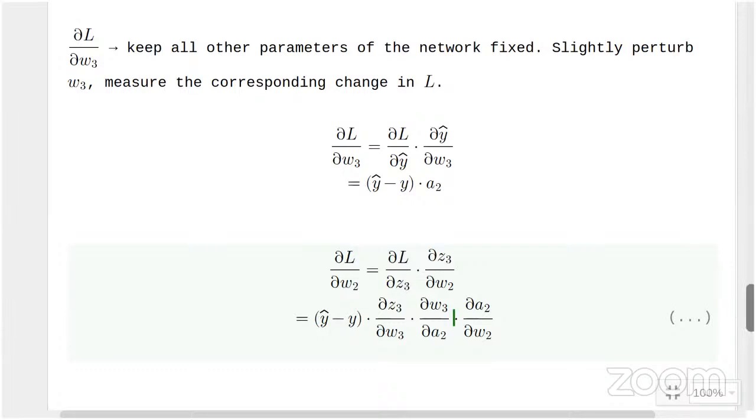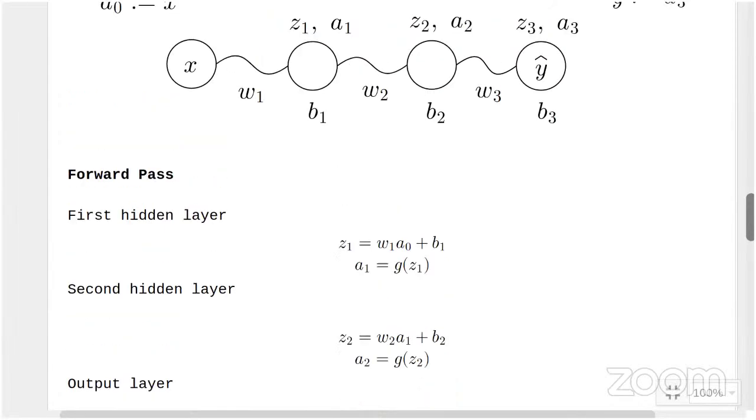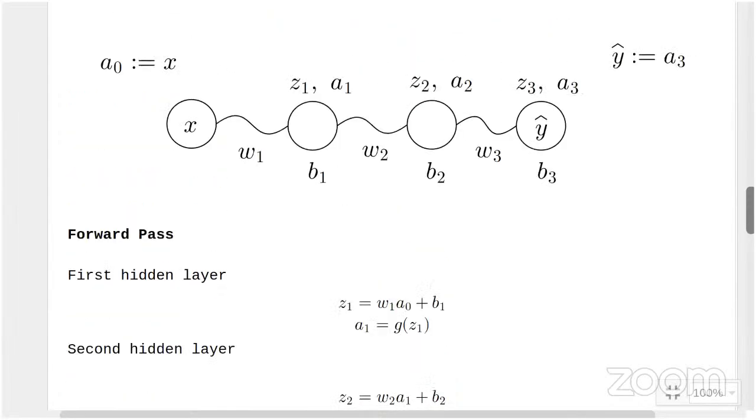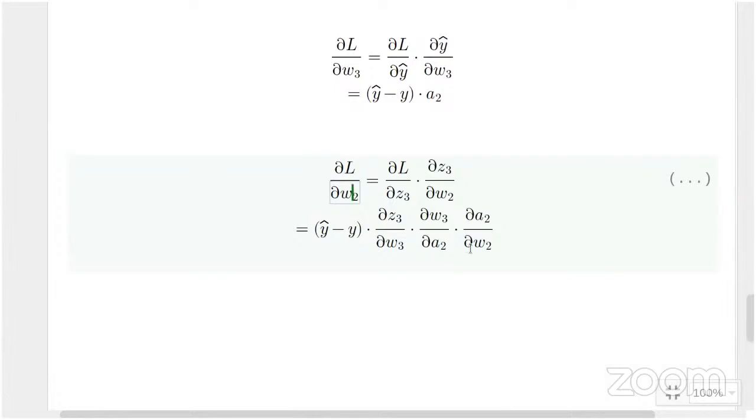We've not done A2 and Z2; we have directly gone to W2 instead of A2. In the chain, it might be better to just write the whole chain. Just before putting Y hat minus Y, if you don't mind, if you just write the whole chain, first it is dou L by dou of Z3. Okay, that is a good idea.